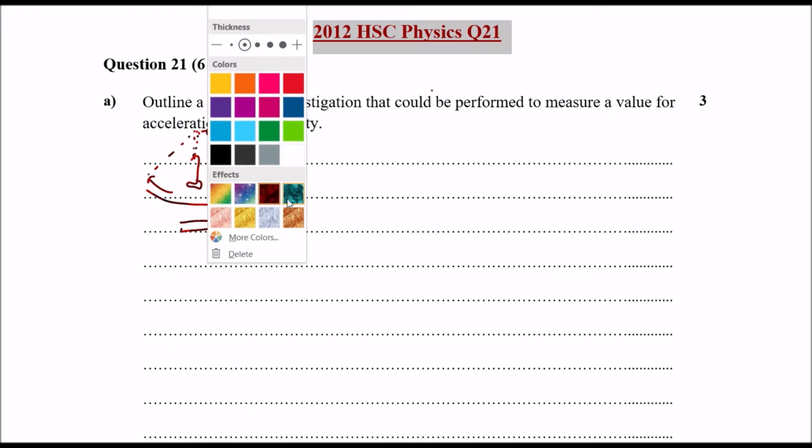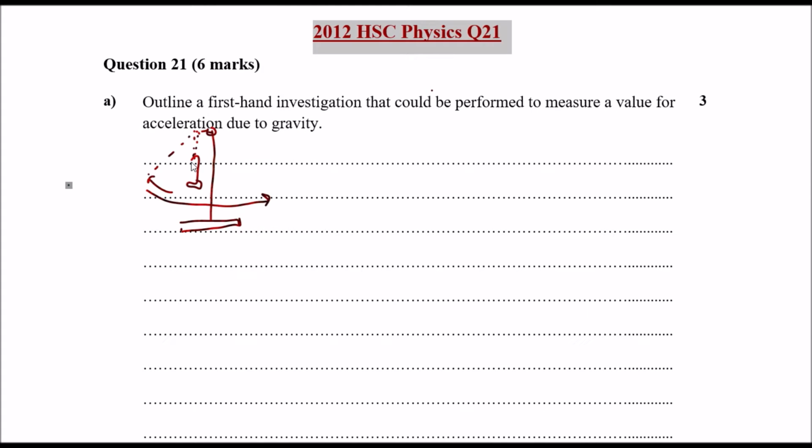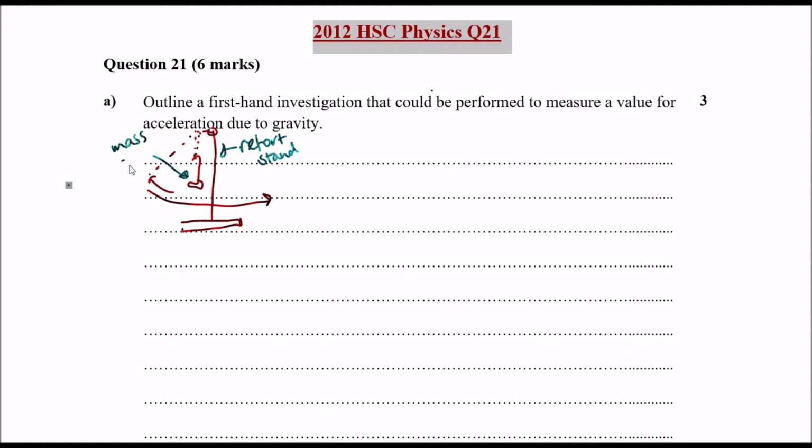What you might want to do is label components. So we have a retort stand, we have a mass carrier, we have up here our boss head and clamp.